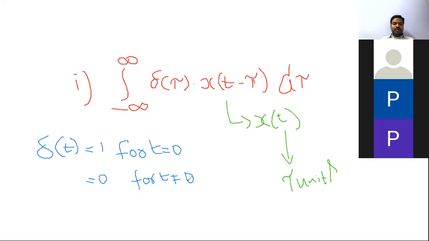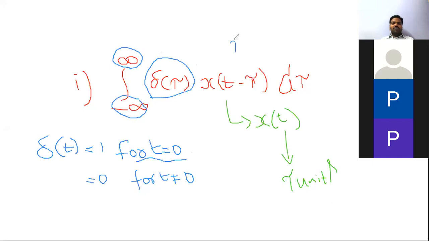Now tell me, is it necessary to evaluate the function from minus infinity to plus infinity? No, it is not necessary. Why? Because this particular function is defined only at time t is equal to 0. So just forget about minus infinity and plus infinity.